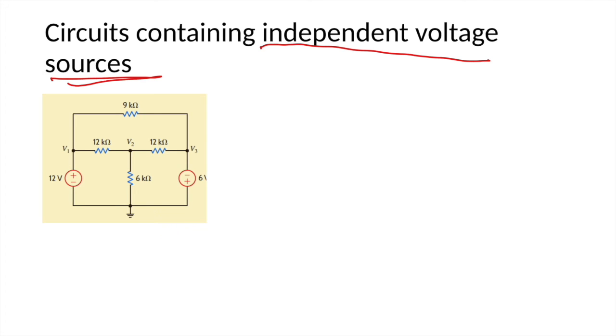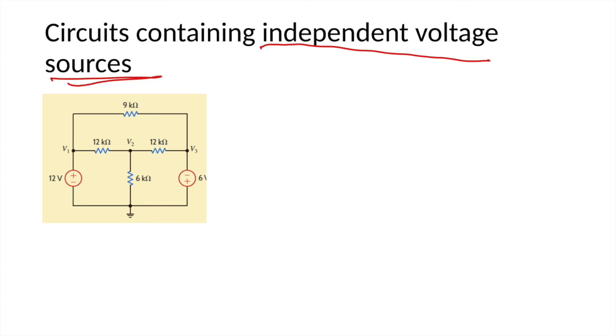The second scenario is that the circuit contains dependent current sources, so we apply KCL on each node and write the equations. This is the third scenario, a circuit containing independent voltage sources.